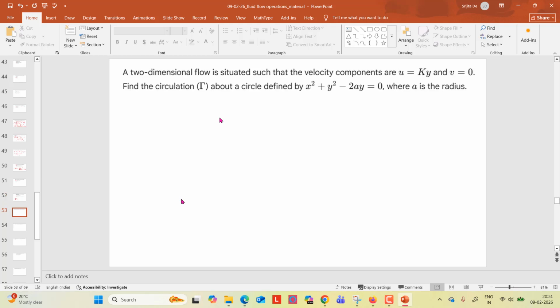Next, a two-dimensional flow is situated such that the velocity components are this. Find the circulation about the circle defined by this, where A is the radius.